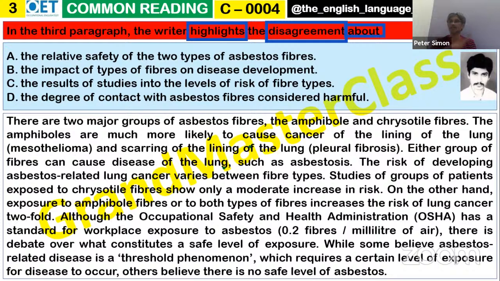There should be two sides. One says this is okay, the other says no. That is the disagreement. You need two people to agree and disagree: one agrees, another disagrees. So two is very important. In the first line itself, two major groups are given. So disagreement between two. That is the logic.